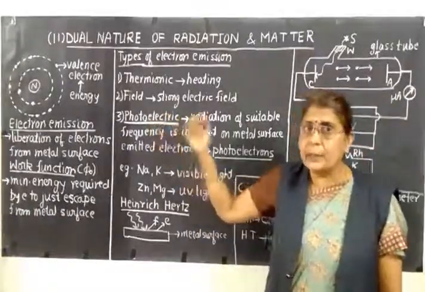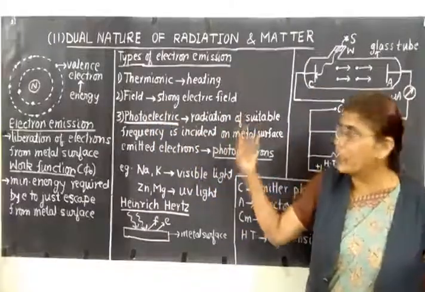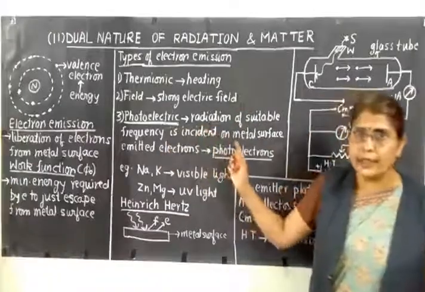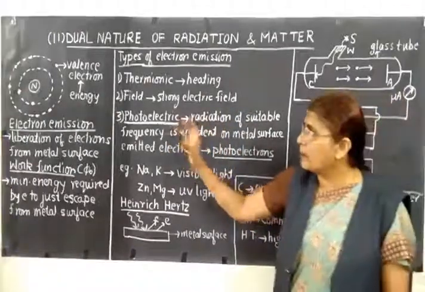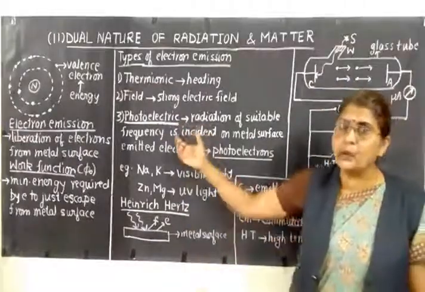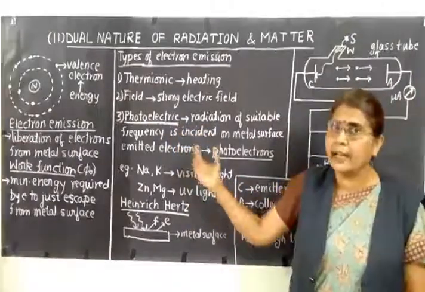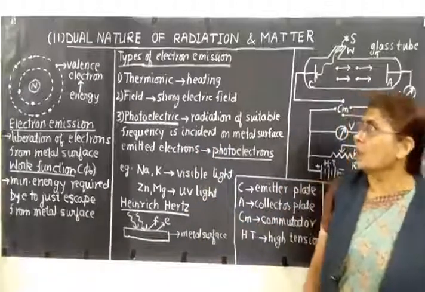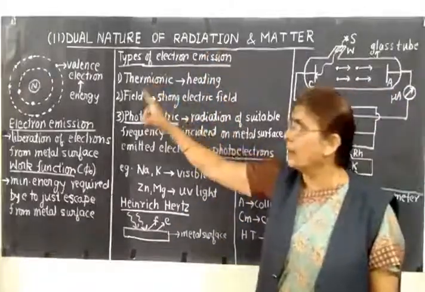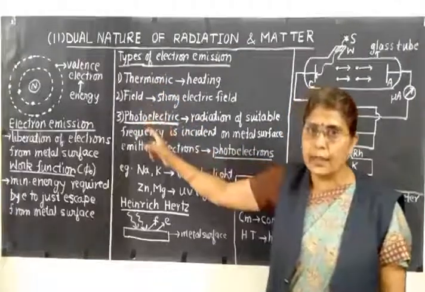The third one is photoelectric emission. It is the process of emission of electrons when radiation of suitable frequency falls on it. This is the most important effect which we are studying in detail in this chapter, that is photoelectric emission or photoelectric effect. So what are the three types of emissions? Thermionic emission, field emission, and photoelectric emission.